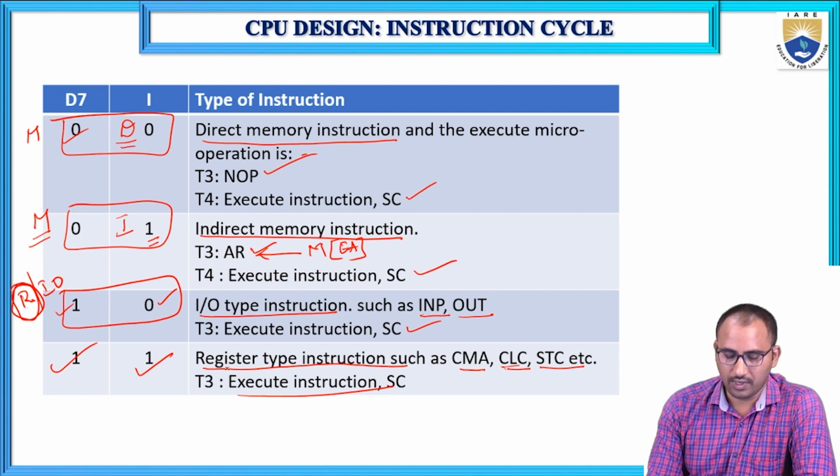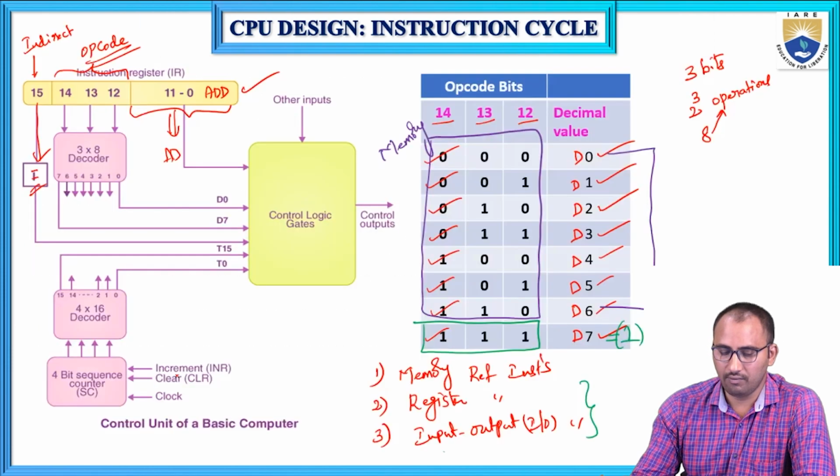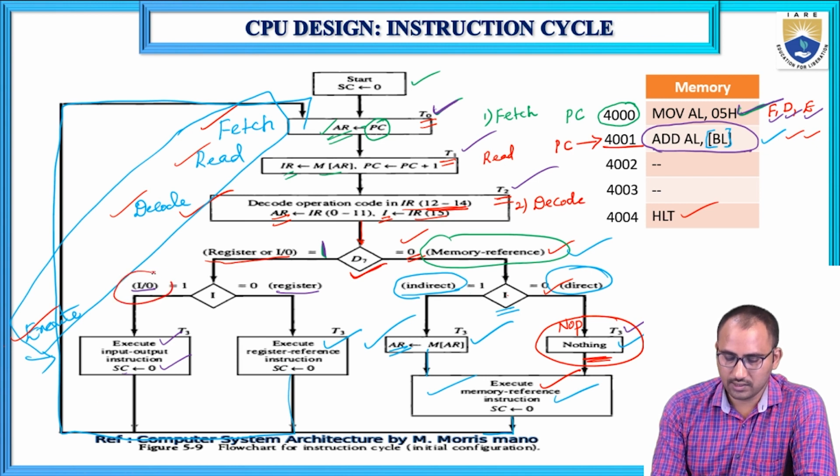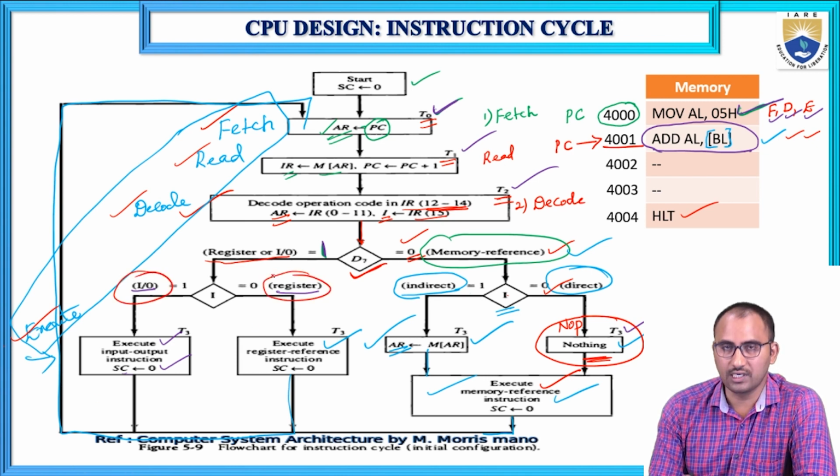See here, for the register or IO reference instructions, the execution will happen in T3. You can see in the flow chart also. For the IO reference and register reference instructions, the execution will happen during T3 only.